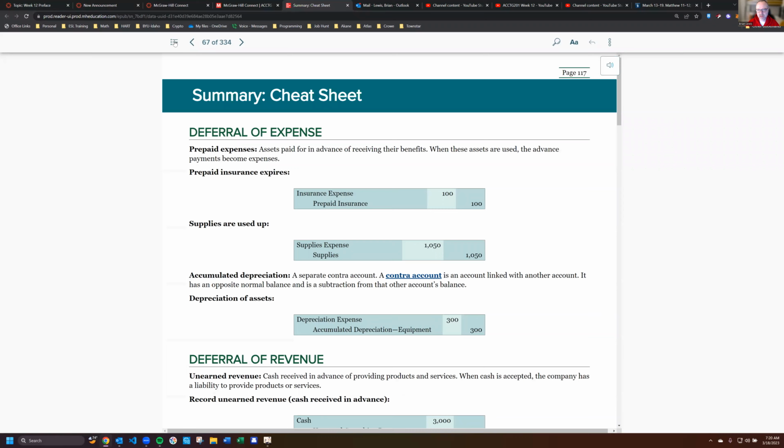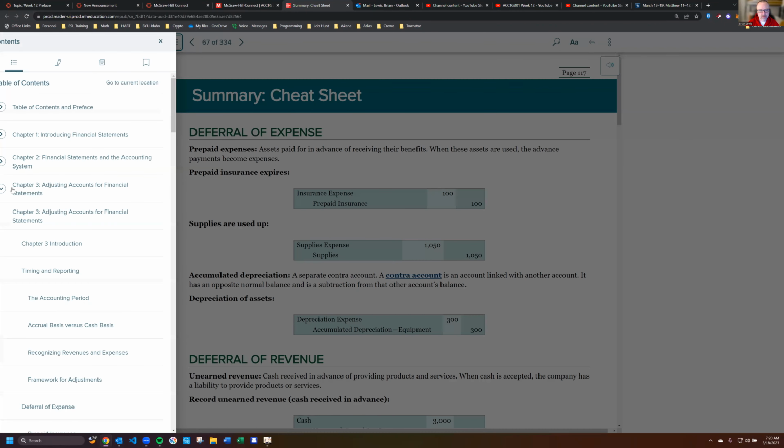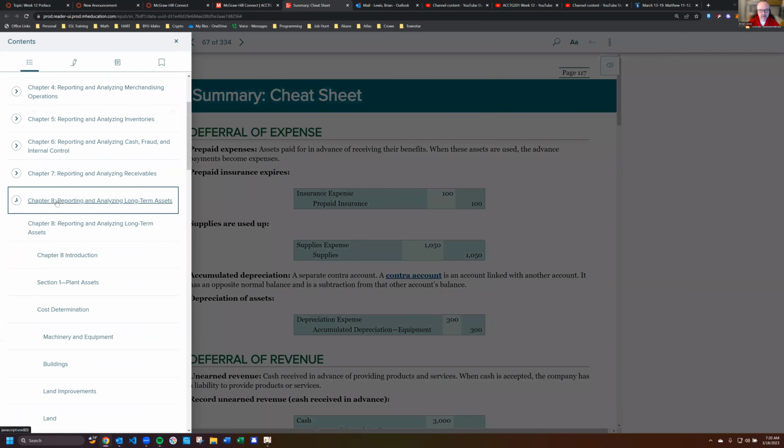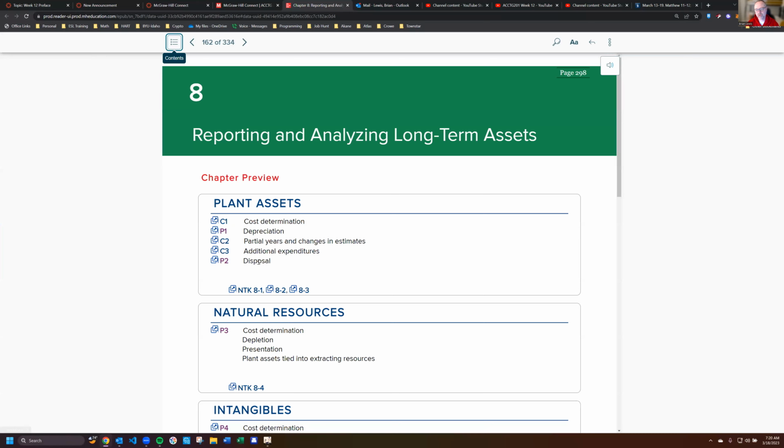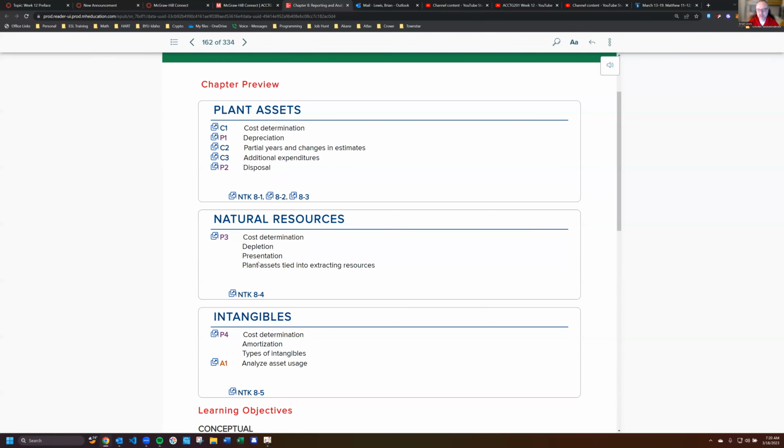Okay, chapter 8. Chapter 8 is on assets, right? So you're going to be talking about basically 3 types of long-term assets. One is plant assets, natural resources, think of gold, silver, natural gas.